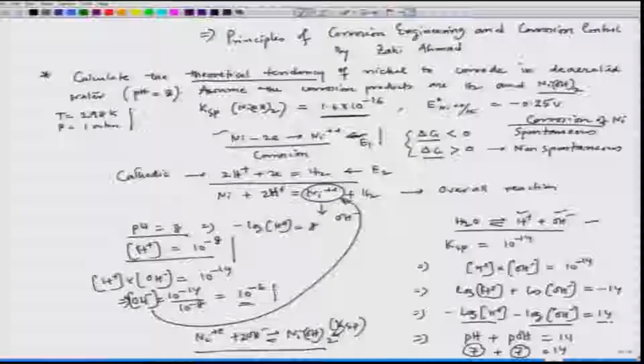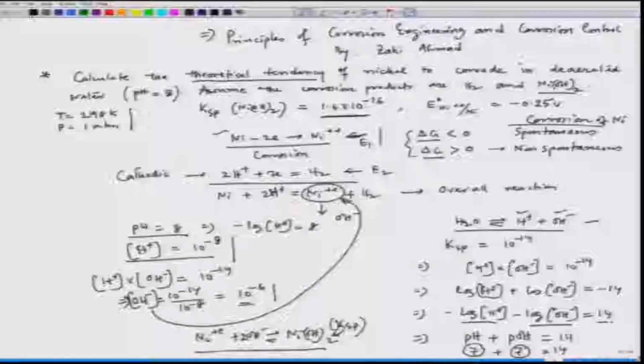And this Ni(OH)2 would dissociate into Ni++ and OH- ions, and we know the pH of the solution, and from the pH we can calculate the concentration of hydrogen ion, and then accordingly we can also calculate the concentration of OH- ion, and that concentration will be in equilibrium as set by the solubility product of Ni(OH)2.